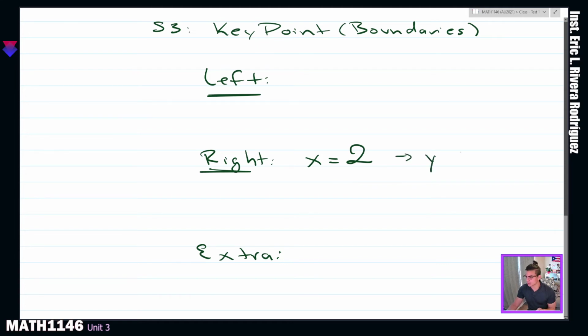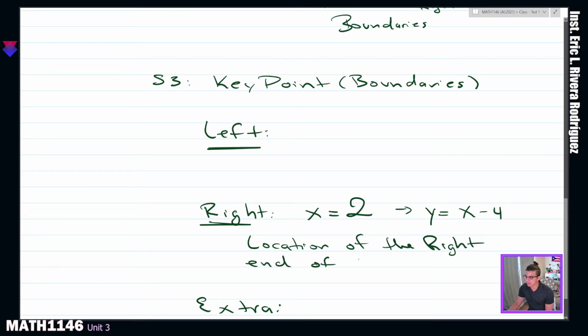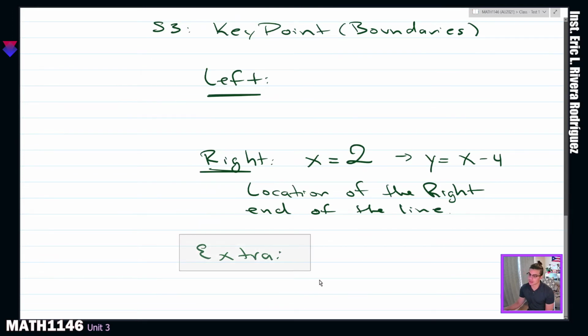Okay, so I'm going to use x equal to 2 in the equation for piece number 1, even though that value is not allowed by the condition, but I'm going to use it anyway, because this value is going to give me the location of the right end of the line, and that's going to be important.